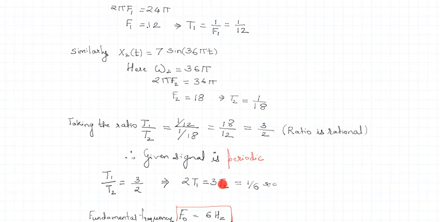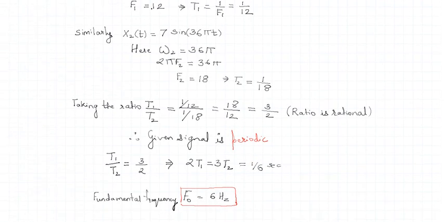Similarly, if I put T2, which is 1 by 18, then 3 into 1 by 18 results in 1 by 6. Any value I put here, I get the answer 1 by 6. So this relation gives me the overall fundamental period of the signal. This is the T naught of the given signal, so the fundamental period of the given signal is 1 by 6.